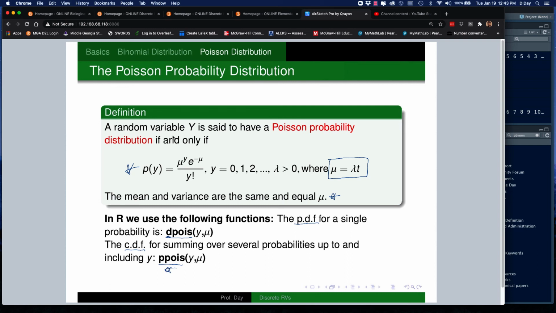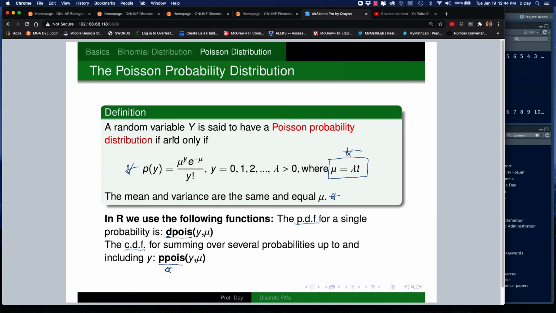Lower.tail works the same way as it did in the binomial one that we showed, so I won't go into that. But the y is your variable of interest, your discrete random variable y. That's where you tell it to stop adding up to, or in the case of lower.tail, where you tell it to start adding after. And mu is the value that we get up here in mu equals lambda times t.